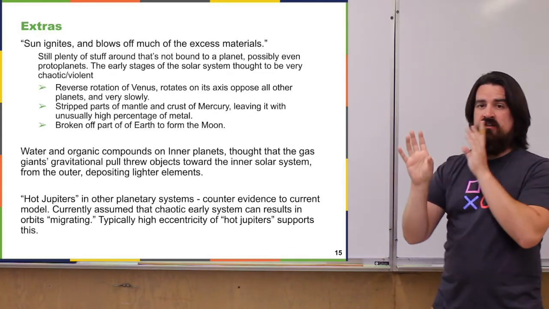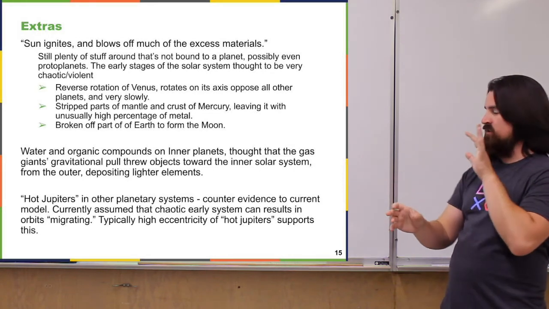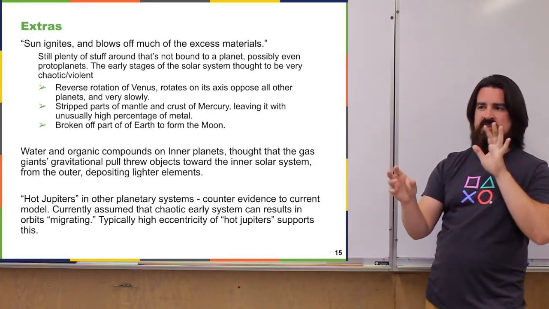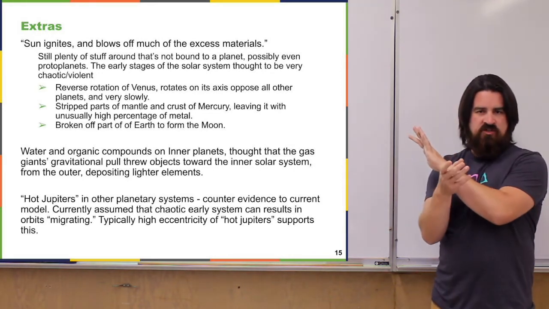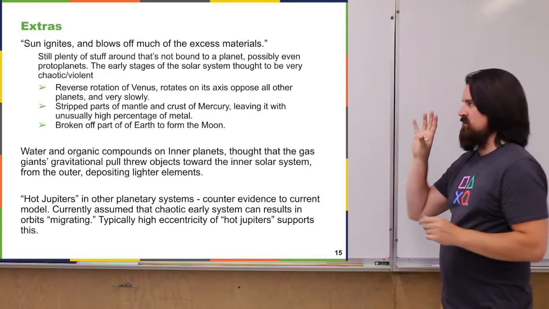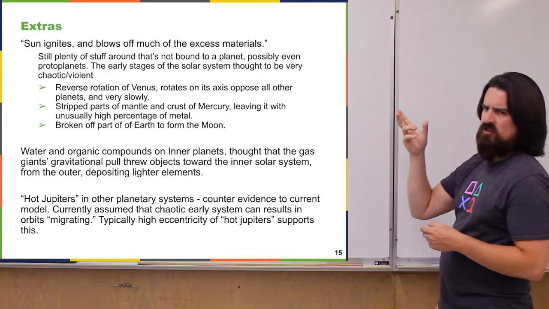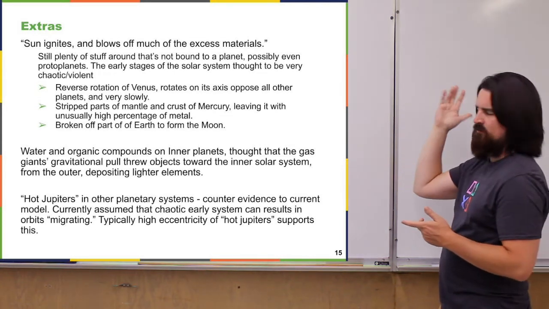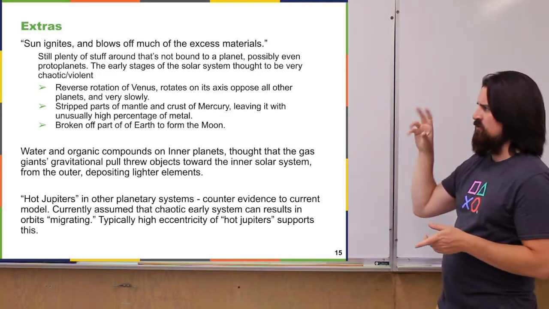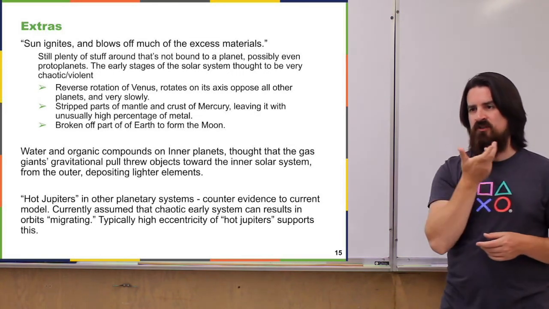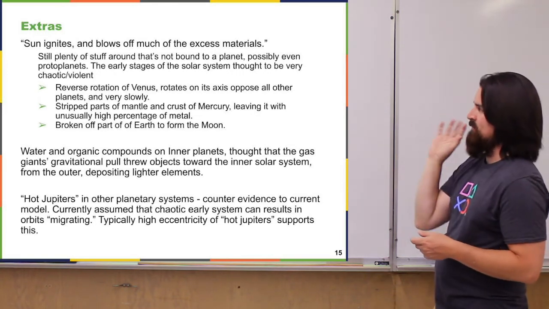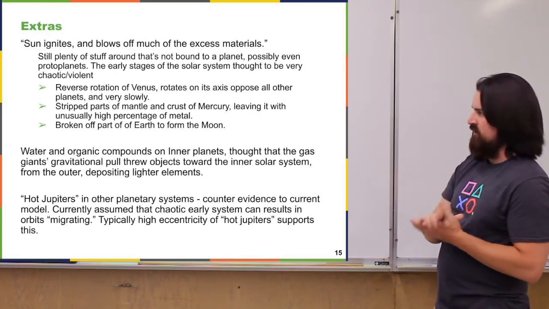The thought is that it was impacted by another protoplanet at some point, which reversed its rotation just enough, right? So it's going in the opposite direction now, but it takes a long time. It's 250 Earth days or something like that for Venus to go around once, and it's going very slowly in the opposite direction from the rest of the planets.